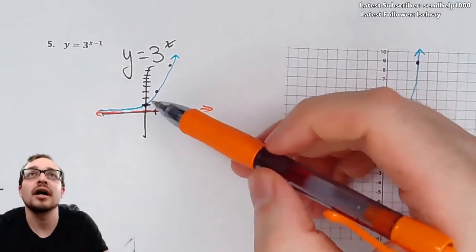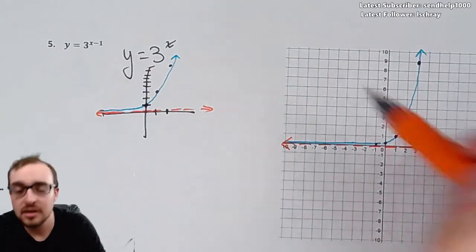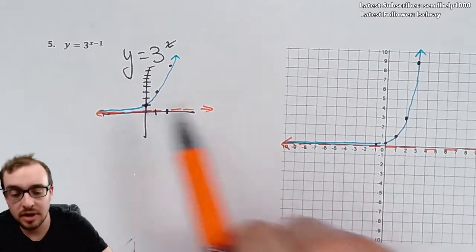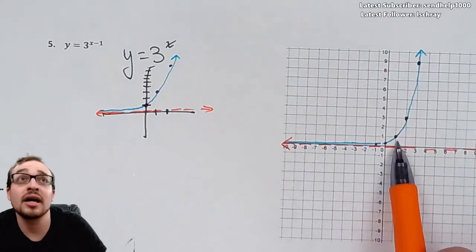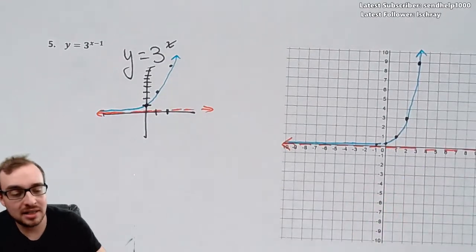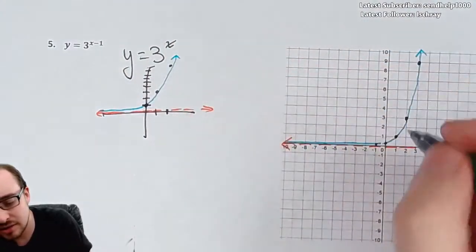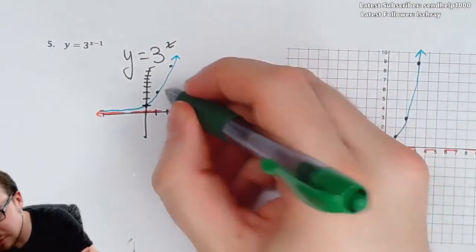But look at this graph versus that graph. Do you see how at 0 I got 1? But here, 1 I got 1? What it did was this number right here moved everything to the right. So it took this and shifted it 1 to the right.